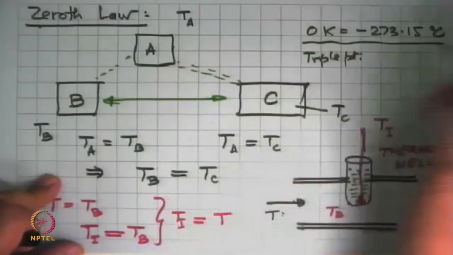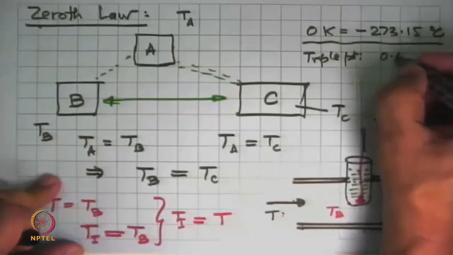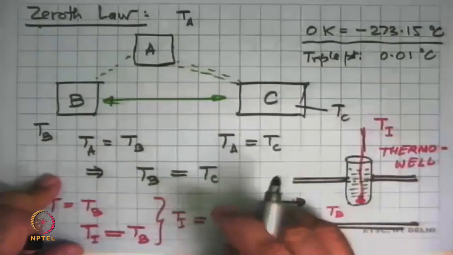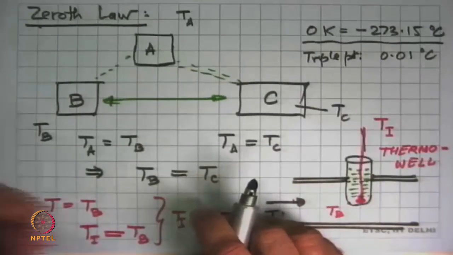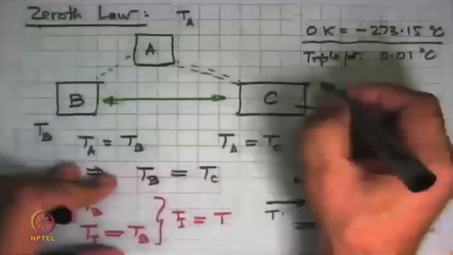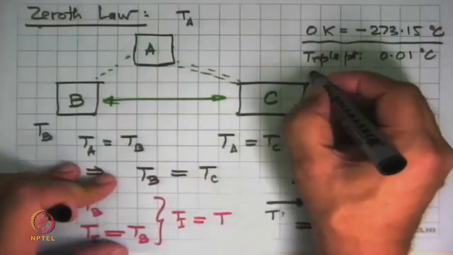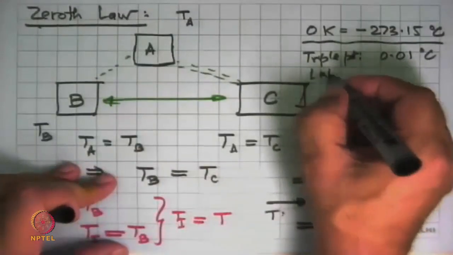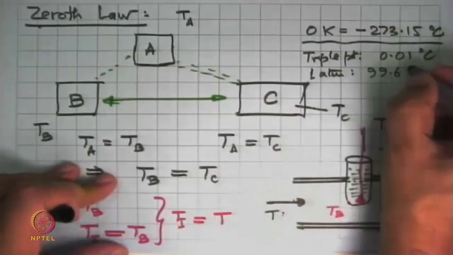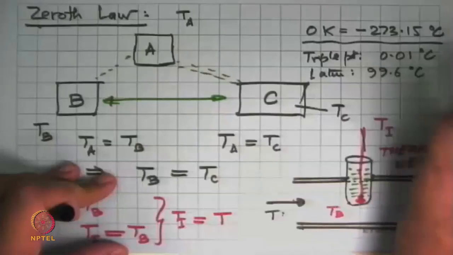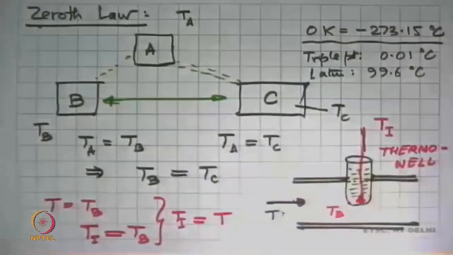We'll learn that a little later, which is 0.01 degrees Celsius, a temperature at which liquid, vapor and solid water can exist in equilibrium. And at ambient conditions, 1 atmosphere, the boiling point of water, 99.6 degrees Celsius, and then we divide these.